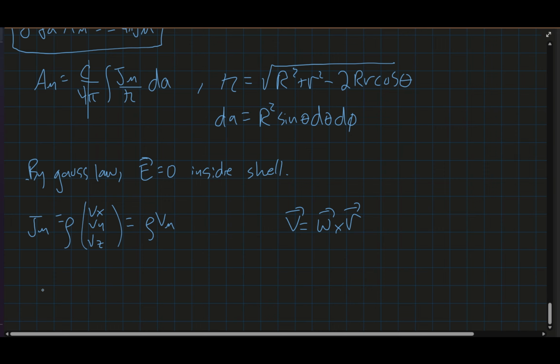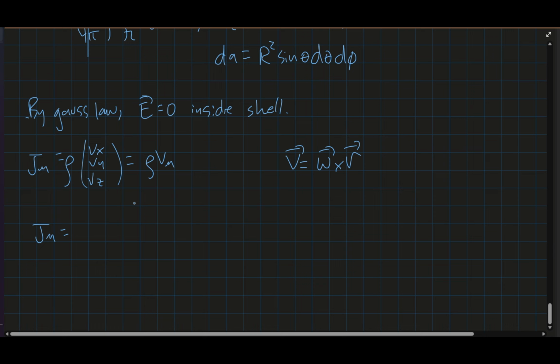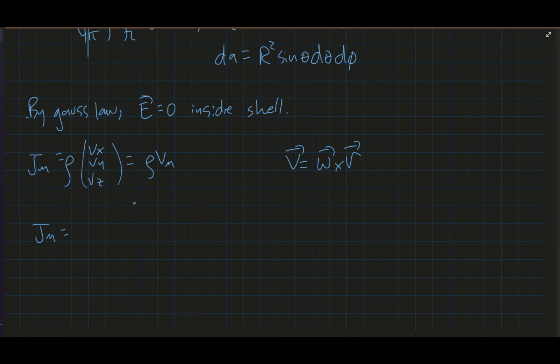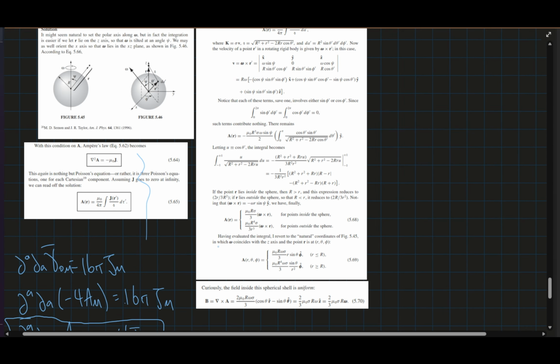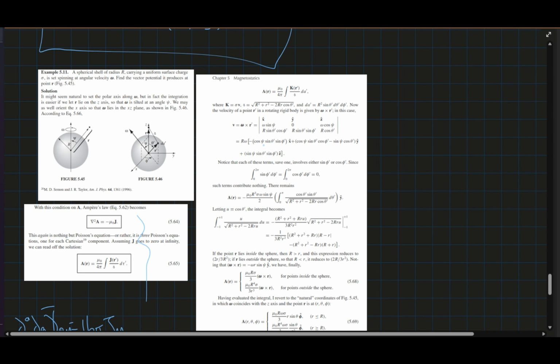So we can rewrite J mu by using what Griffiths gets for omega cross r here. You can do the work and show this, but we're just going to take it.